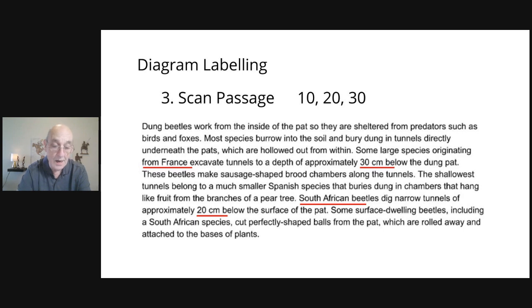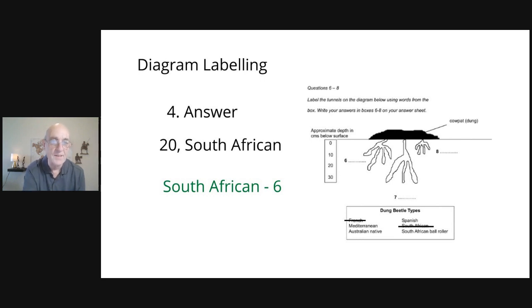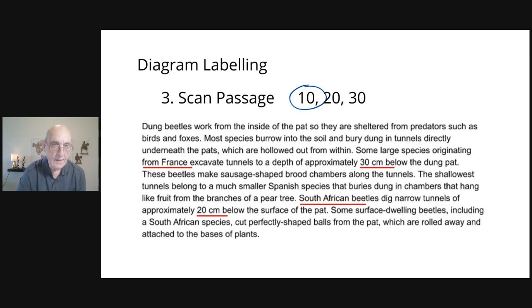So we know now that South Africa is the country that goes with 20 centimeters. So we know we have 20 centimeters and South African. So we're going to choose South African as the answer to number 6. And so now we're ready to move on to question number 8.